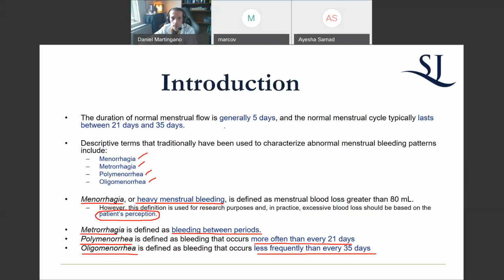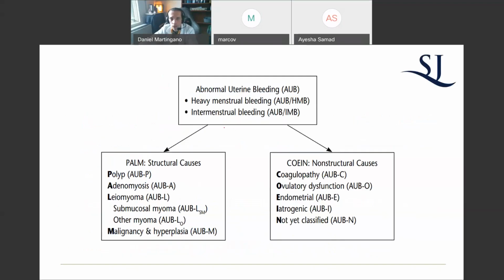Okay. Now, the reason why I mentioned the menstrual cycle is because you really have only two forks in this road to figure out why a patient may have abnormal bleeding, okay? For our purposes, we're just going to keep this term. And this is what I mentioned before in terms of terms that are actually used.